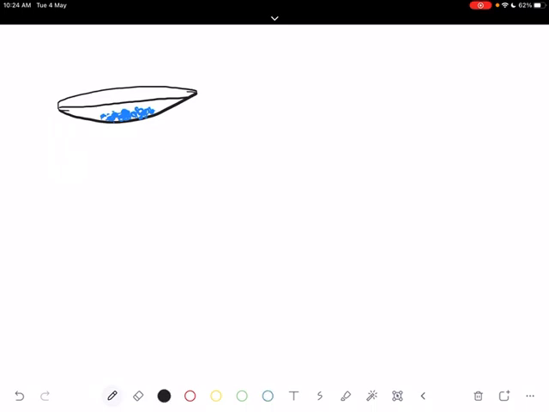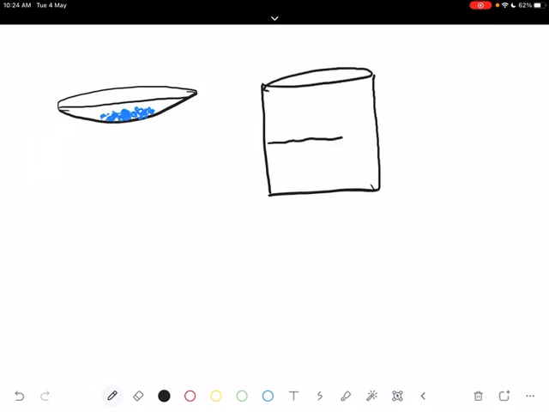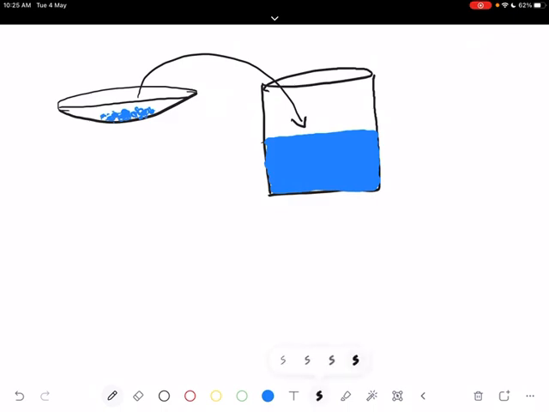Take a beaker and water, add some copper sulfate into this water and mix it well. This copper sulfate is fully soluble in water, so you will be getting a blue solution. This is copper sulfate solution.